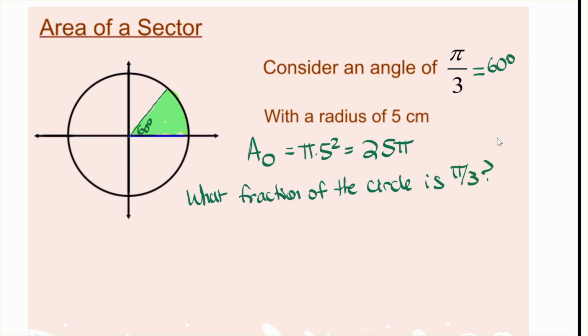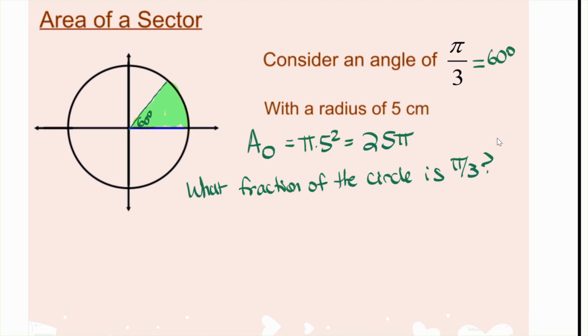So what fraction of the circle is pi over 3? You can consider this two ways. It is 60 out of 360 degrees, 360 being the entire circle, or you could say it's pi over 3 out of 2 pi radians. If you want to deal with degrees, you can do the first one. If you want to deal with radians, you can do the second one.